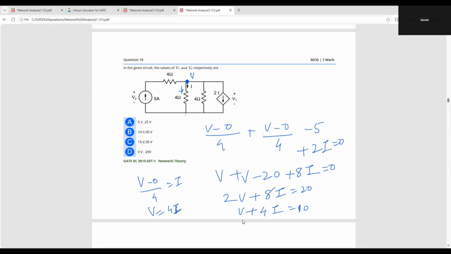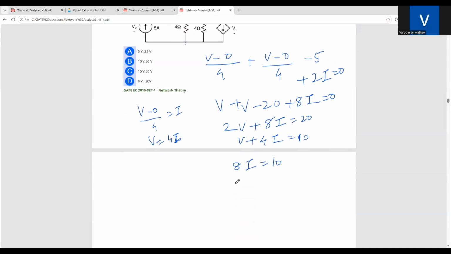So this 8I is equal to 10. So I is equal to 10 by 8, 5 by 4, 1.25 amperes.